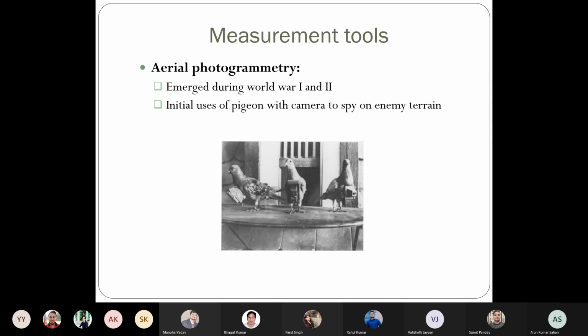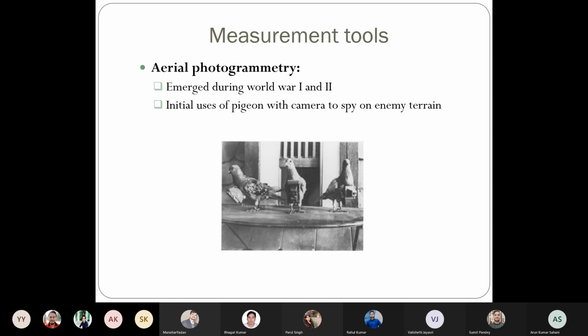Then aerial photogrammetry came into the picture, where the aim was to capture the images, the photographs, from the aerial platform, so that in a short span of time we could cover a large area. This technique emerged during World War I and II, and it was used in those days for military purposes.